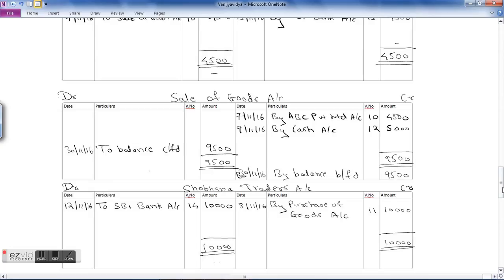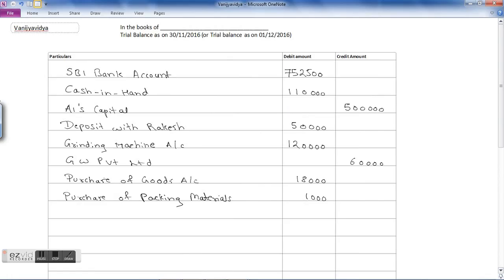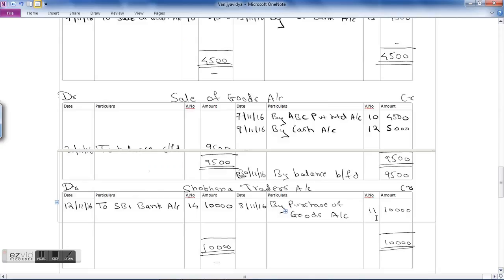Sale of goods account, there is a credit balance of 9,500, so I'll put it here. Credit balance of 9,500.